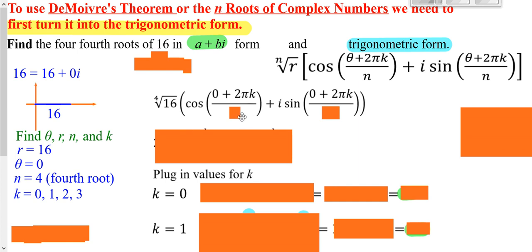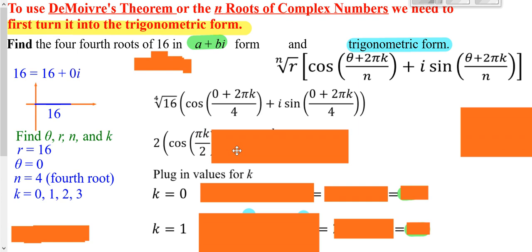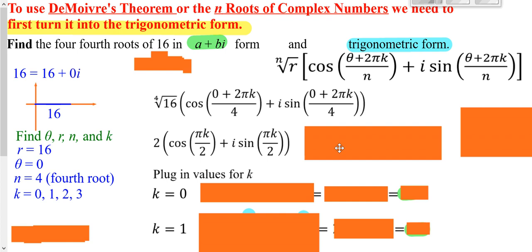N, once again, was 4. Now, at this point, I would just simplify what I have. The 4th root of 16, you should know, is 2. Adding 0 doesn't change it, so we get 2 pi k over 4, which is really just pi k over 2. And then once again, whatever's after your cosine has to match whatever's after your sine.